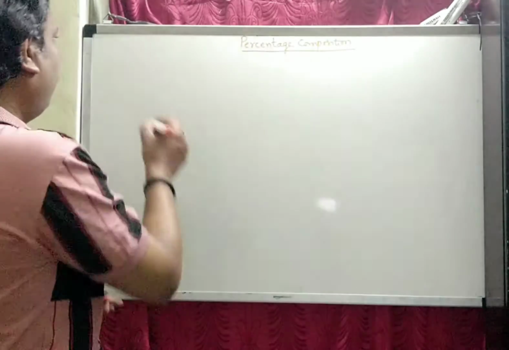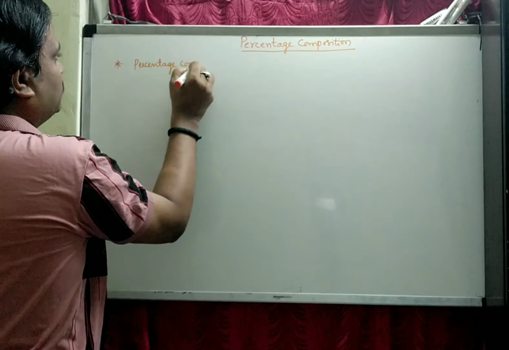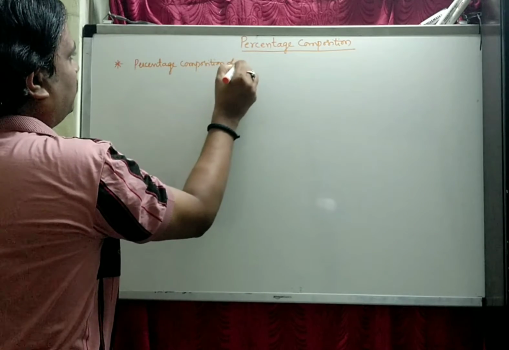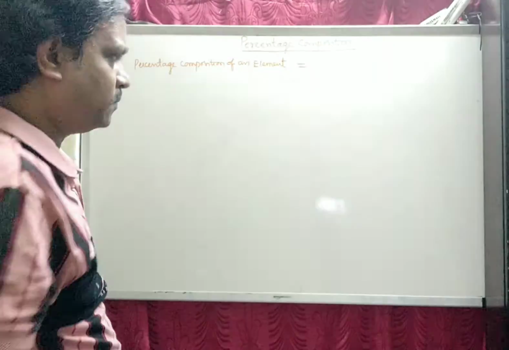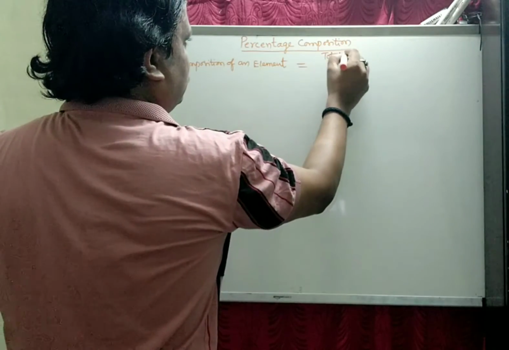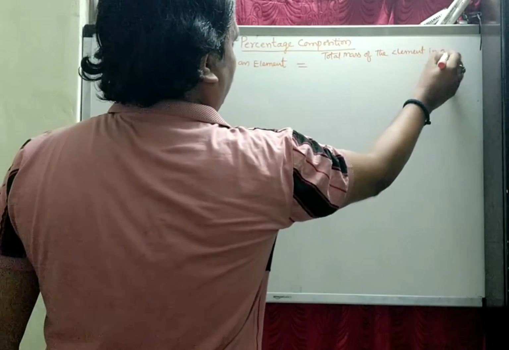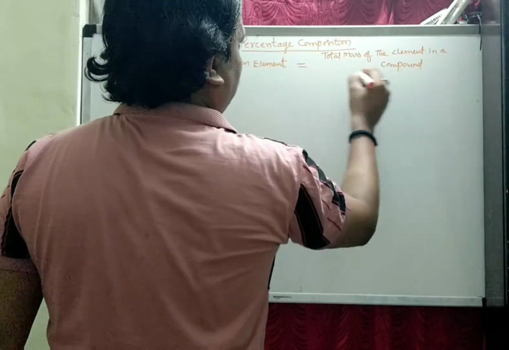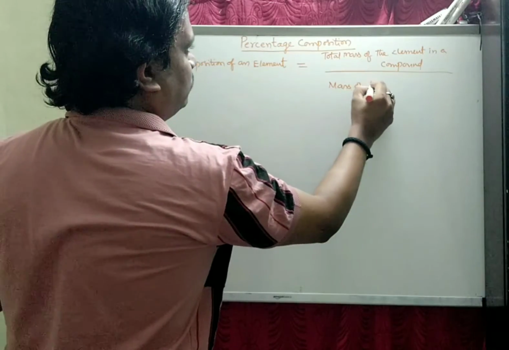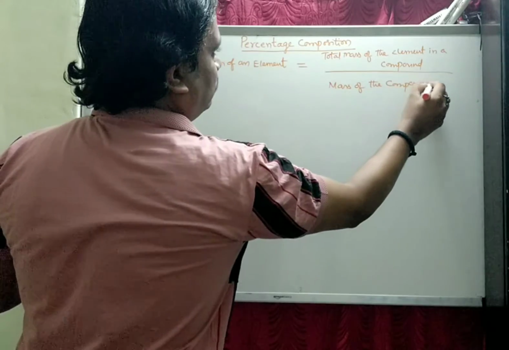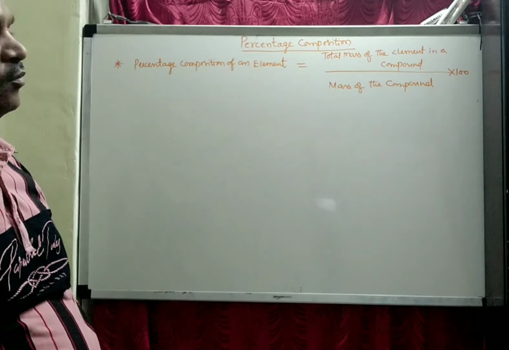So first, take the formula for the percentage composition of an element, which is equal to the total mass of the element in a compound divided by the mass of the compound, multiplied by 100.